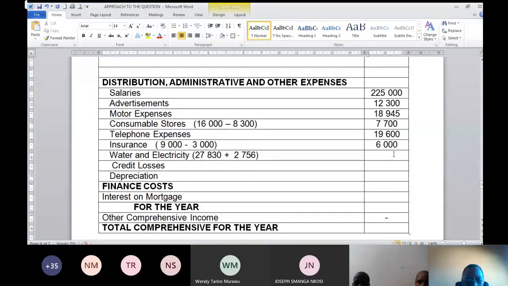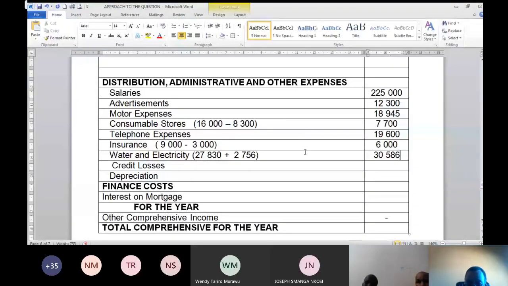Right. So the water and electricity account, guys, 27,830 plus 2,756 means that my expense for water and electricity is now 30,586. Okay.